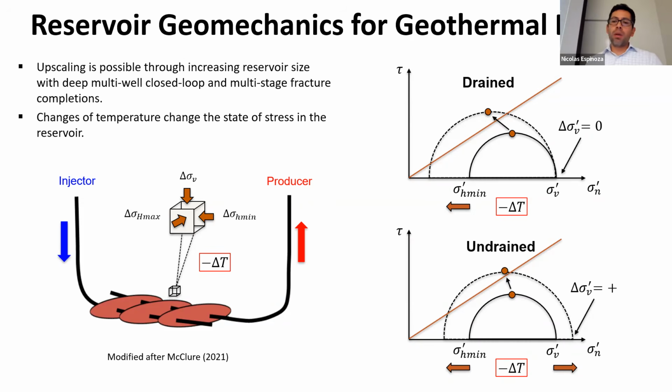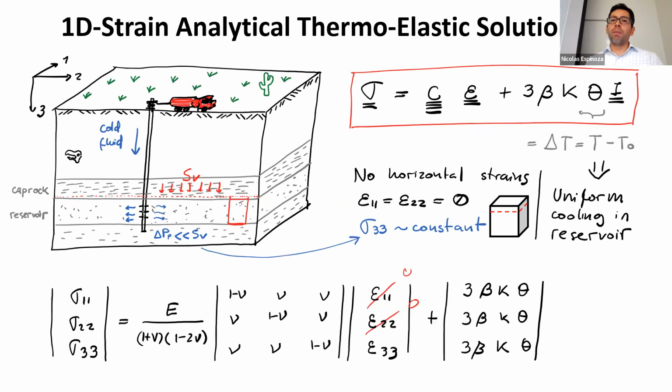All right, so let's see an easy solution for this problem. What we're going to do is solve the one-dimensional strain analytical thermoelastic solution. Let's see when this case would apply. Imagine that you have a reservoir in which you are injecting a cold fluid.